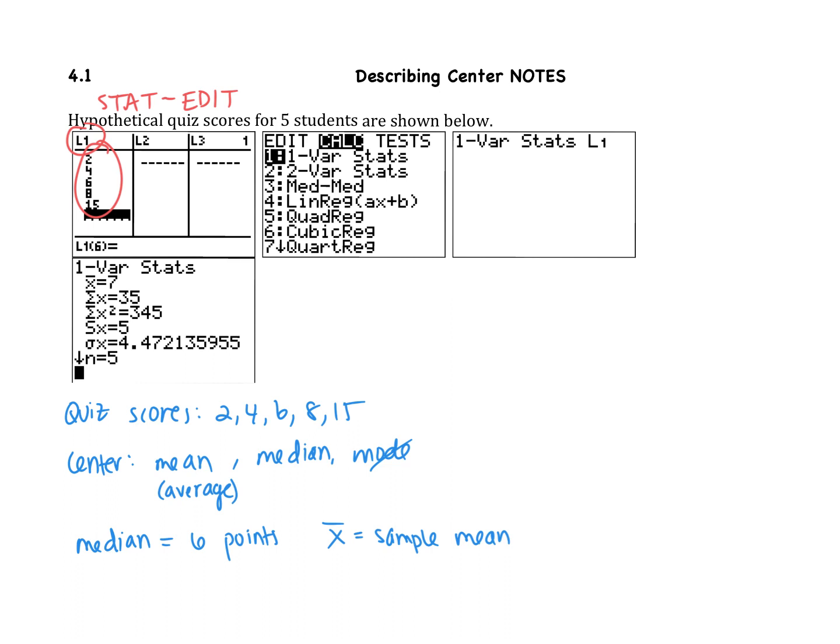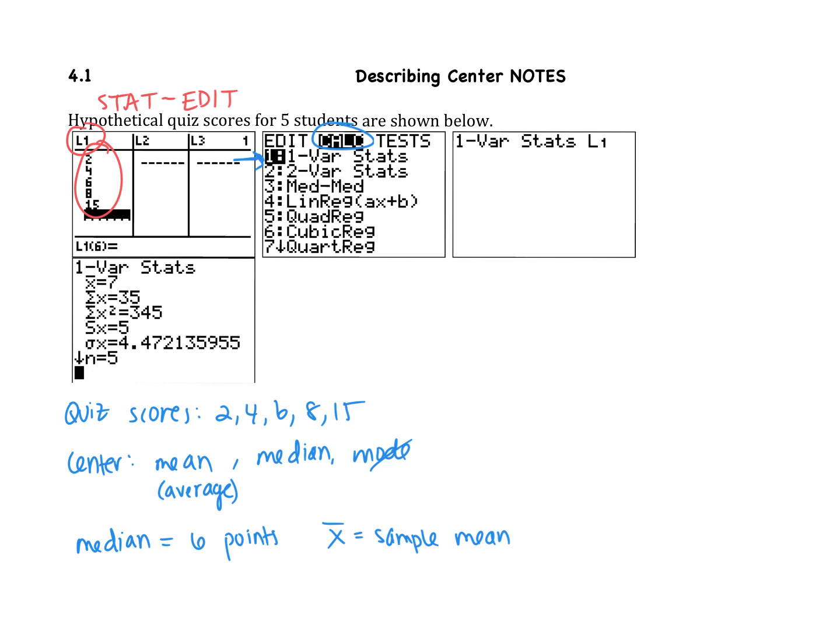So once you've quit out, the next thing that you're going to do is you are again going to hit stat. This time, though, go over to the calc menu, which stands for calculate. And we want to choose the first one, which stands for one variable statistics.